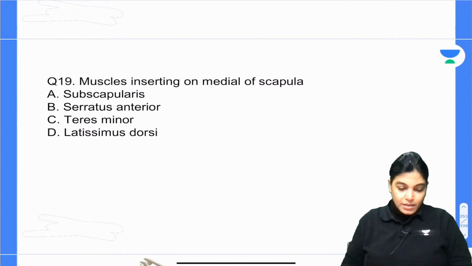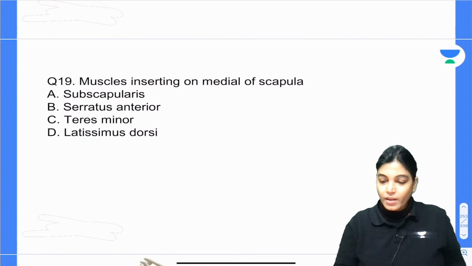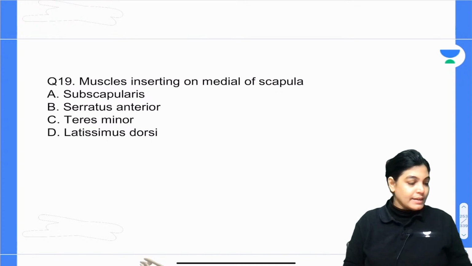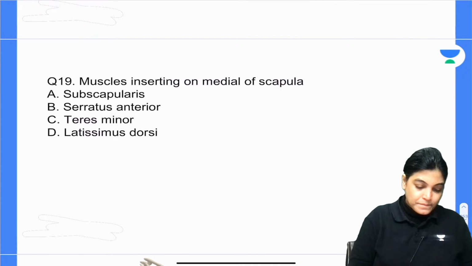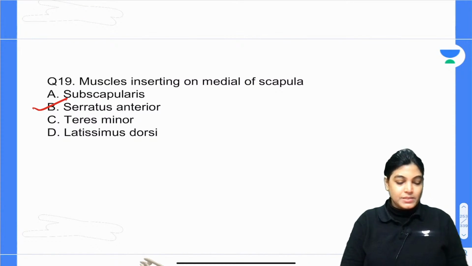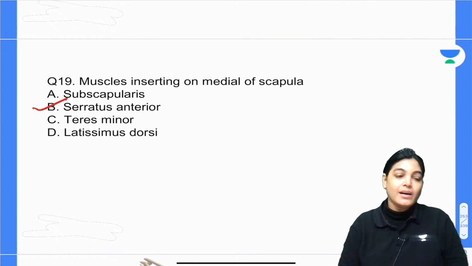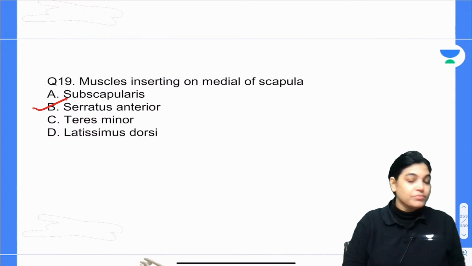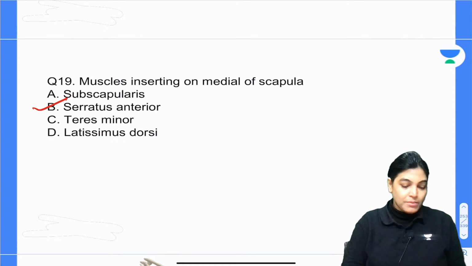So yes, here the correct answer is serratus anterior muscle. Serratus anterior muscle arises from the upper 8 or 9 ribs as 8 or 9 digitations, and it is inserted onto the costal aspect of the scapula on the medial border.